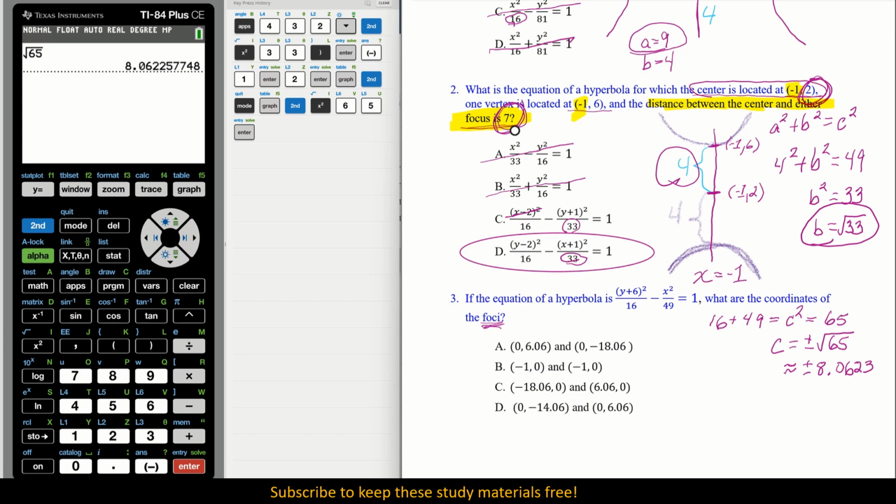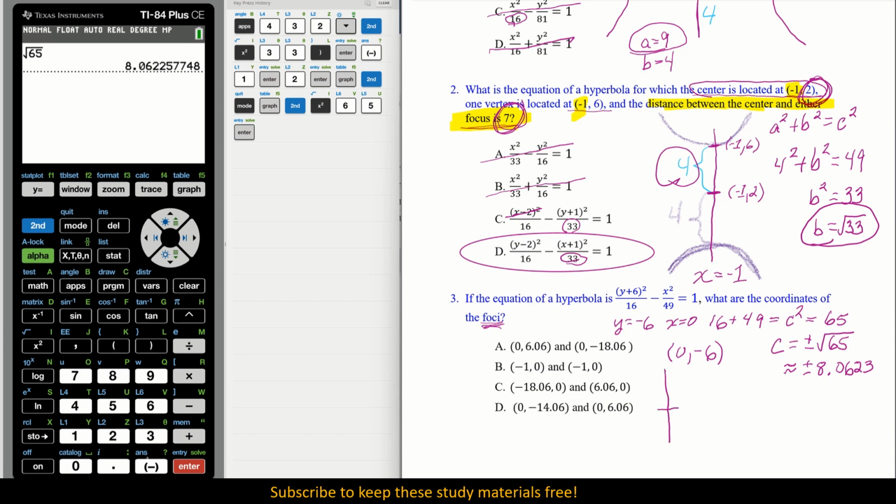Okay, so now we know what the center is already. We know that y equals -6, and we know that x equals 0. So now we have a center at (0, -6). And because we know the center, we know that our major axis is 4.